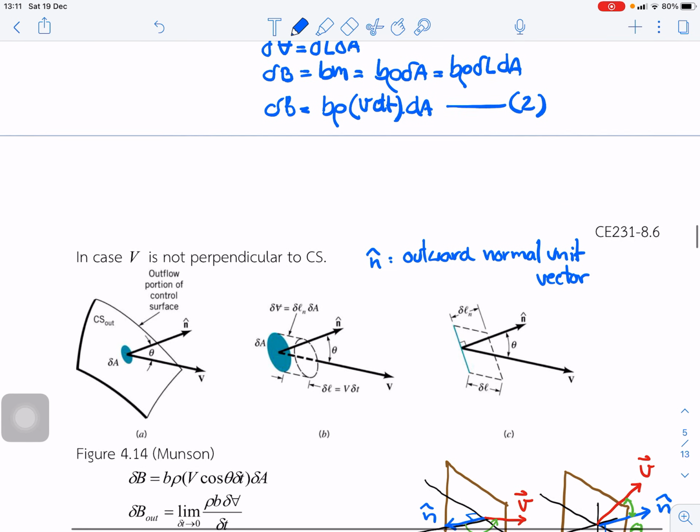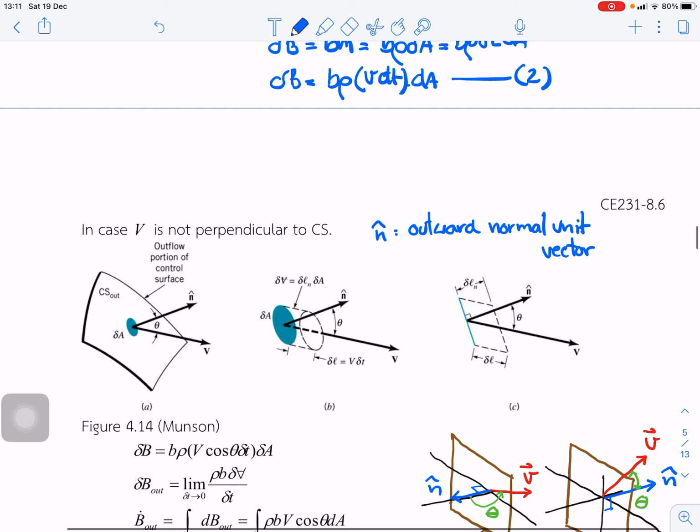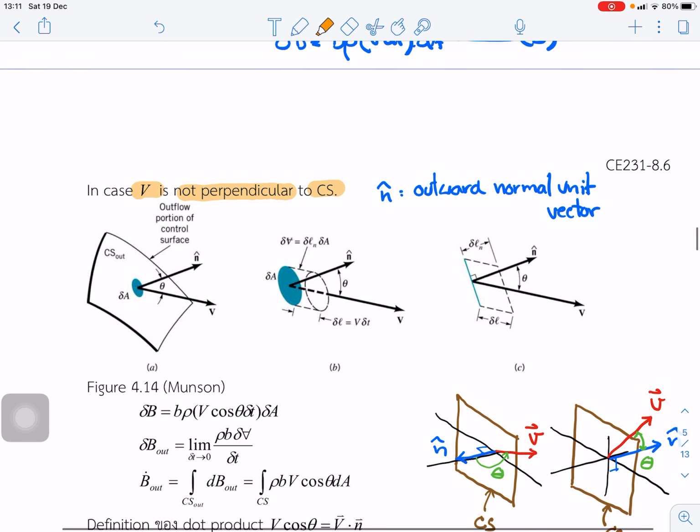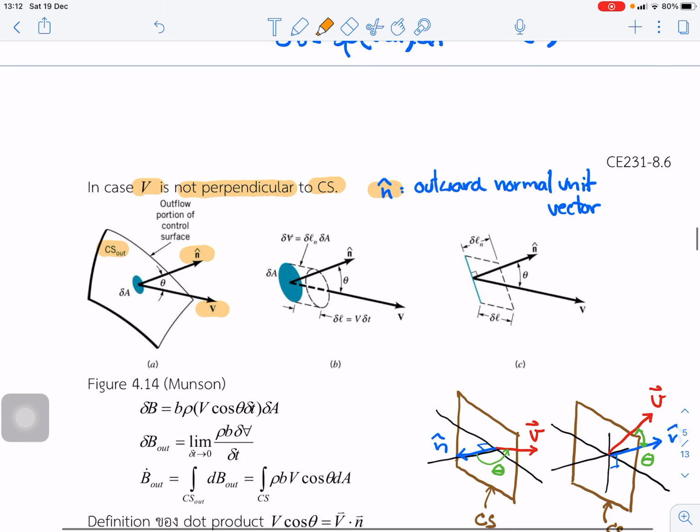In the case where the velocity is not perpendicular to the control surface, n is the outward unit normal vector, and V is not perpendicular to the surface.